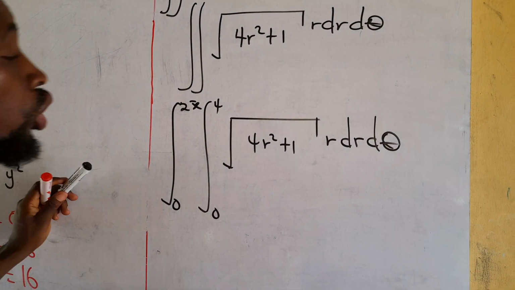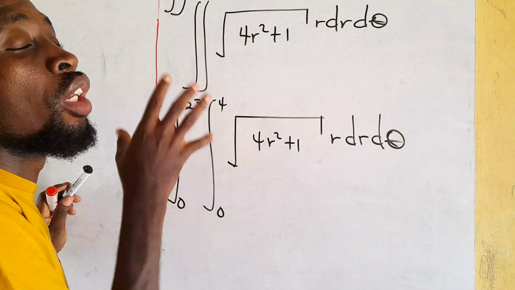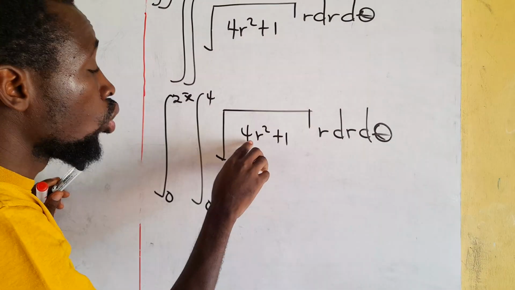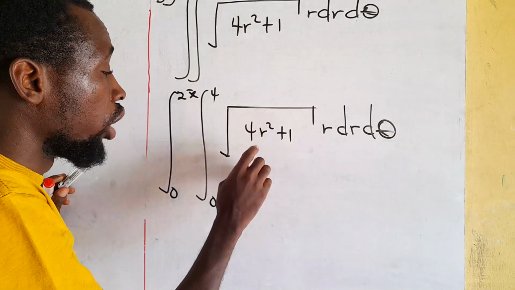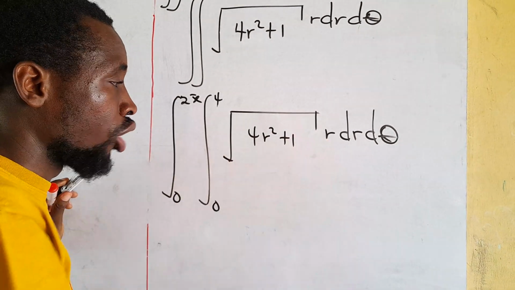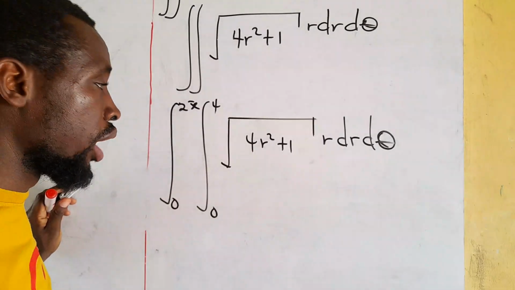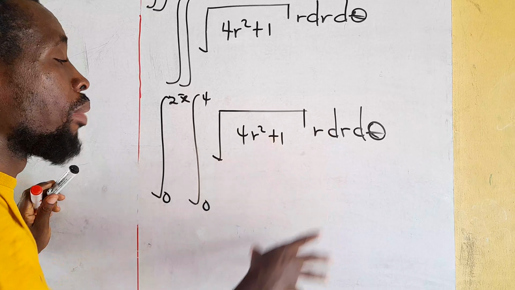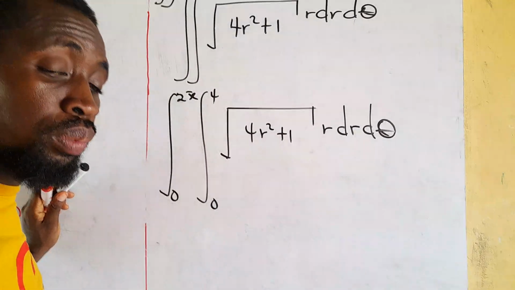So immediately you switch, you see that this can involve a simple integration problem to solve. Since when we differentiate 4r squared, we'll get 8r. R pops up here, we can use integration by substitution to deal with that of the r. So now we'll solve that by substitution, then we take it from there.